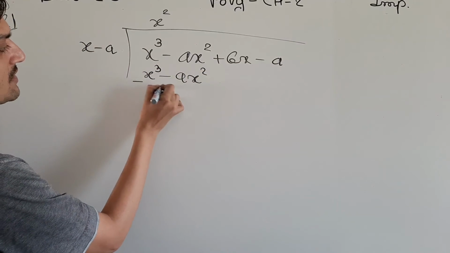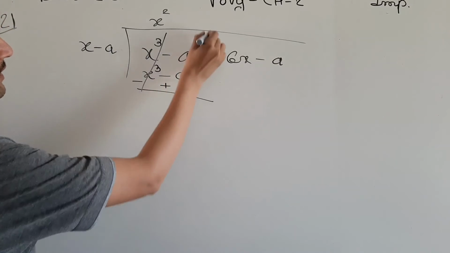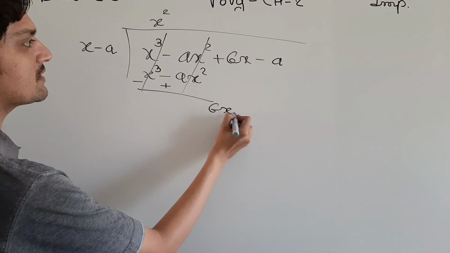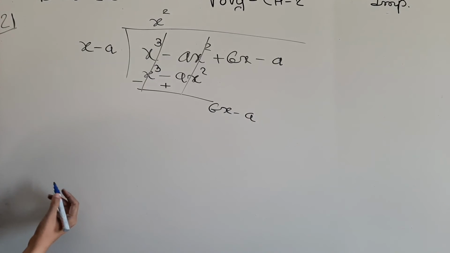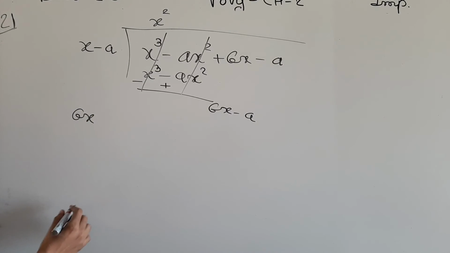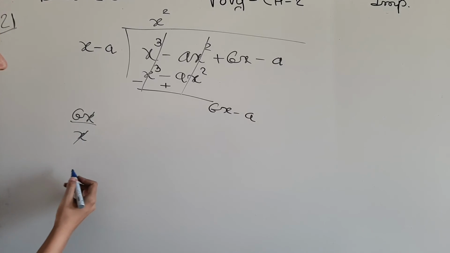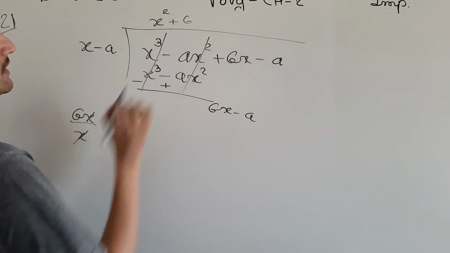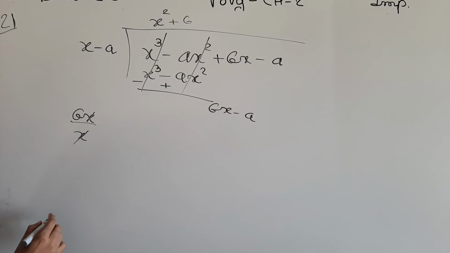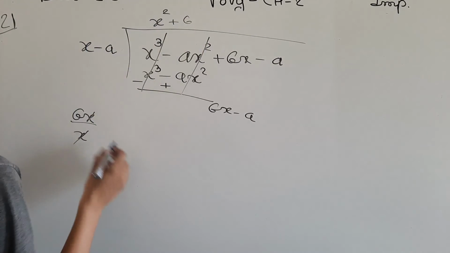The signs will change, both terms will cancel, and 6x minus a will remain. Again 6x upon x, x will cancel, 6 will come, so we write plus 6 here.